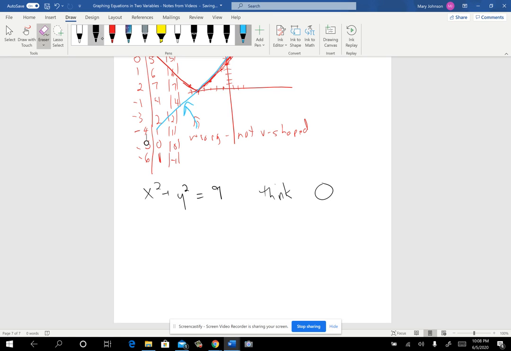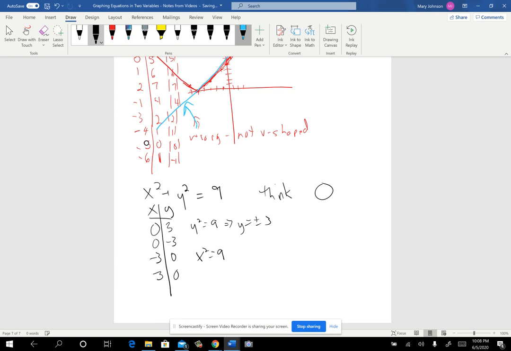So then when I go and I build my table, I'm going to pick maybe a 0 for x, and I can see y squared would have to be 9, which means y would either be 3 or -3. So 0, 3 and 0, -3 would be 2 ordered pairs I'd get from that. Then if I put 0 in for the y here, x squared would be 9, and I'd get a -3, 0, and a +3 with a y of 0.